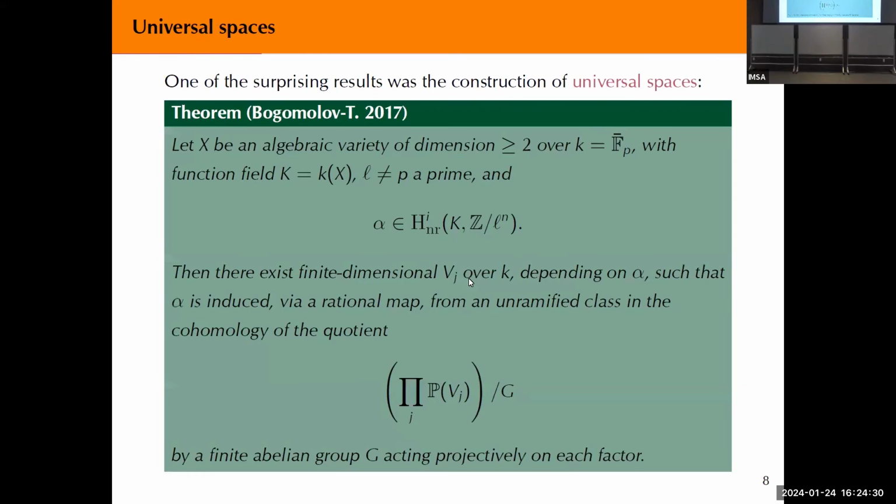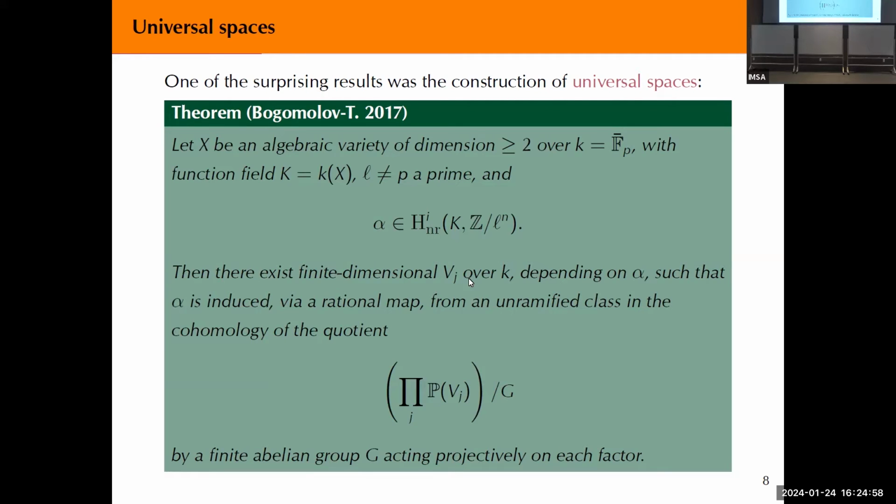Here is one of the surprising results, to me at least in this area, inspired exactly by computations of these kinds of obstructions and the Brauer group. It says the following. Look at any algebraic variety of dimension at least 2, over the algebraic closure of a finite field.